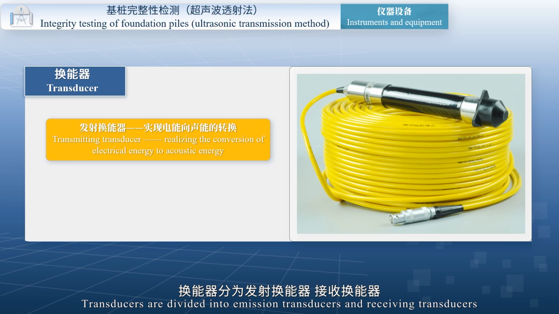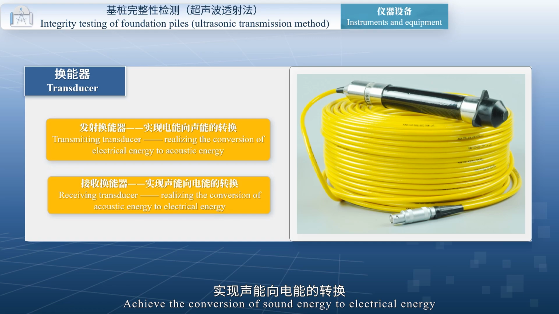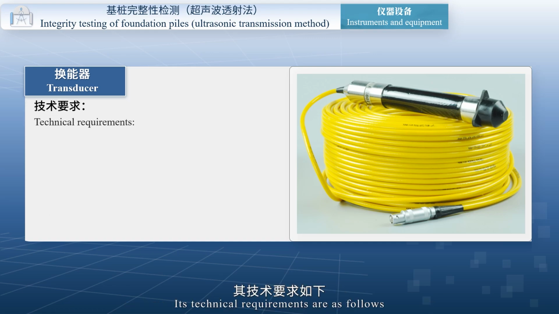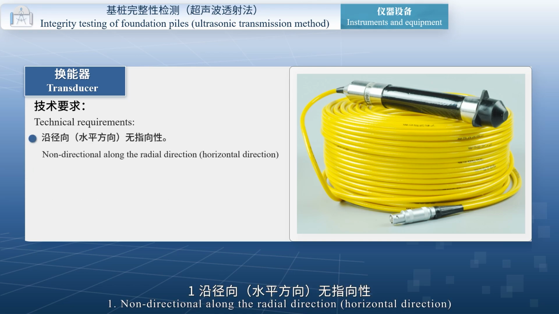Transducers are divided into emission transducers and receiving transducers. Emission transducers convert electrical energy to sound energy. Receiving transducers convert sound energy to electrical energy. Its technical requirements are as follows. First, it should be non-directional along the radial and horizontal directions.